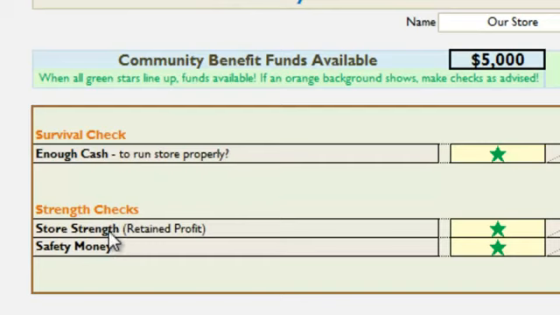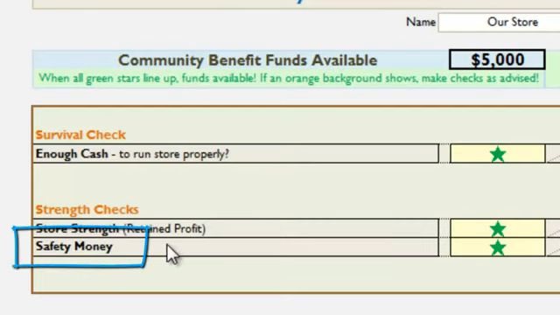Strength checks. The store must be strong enough. Retained profit. So we'll come on to how we measure that in a little while. But clearly, we could have a strong store but no cash, and cash would be low, and we wouldn't be able to put any cash into the community benefit fund.